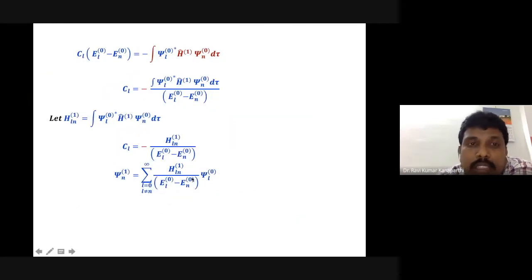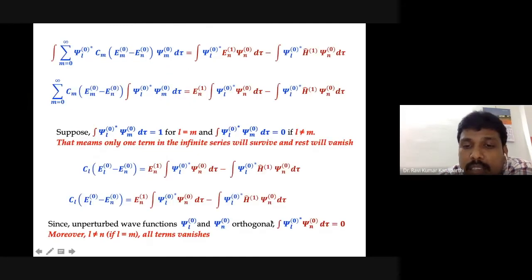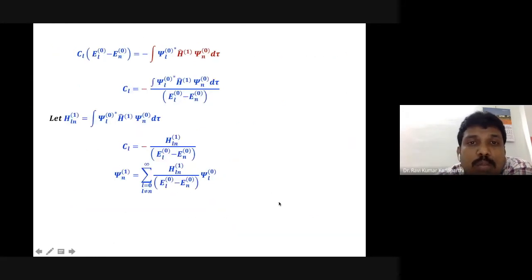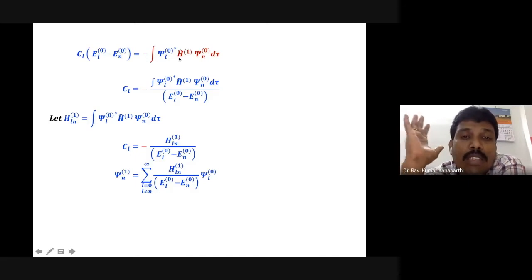Therefore, on the left hand side we have CL multiplied by EL0 minus EN0, is equal to the second integral, the integral of psi L0 H1 psi N0. Please remember that H1 is the Hamiltonian that corresponds to the perturbation.